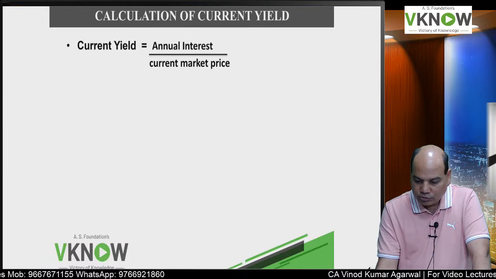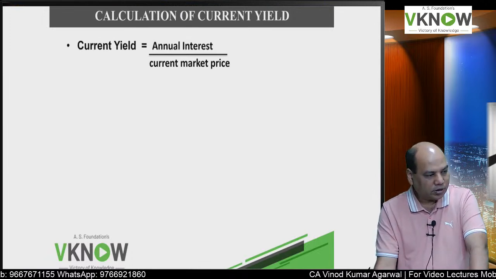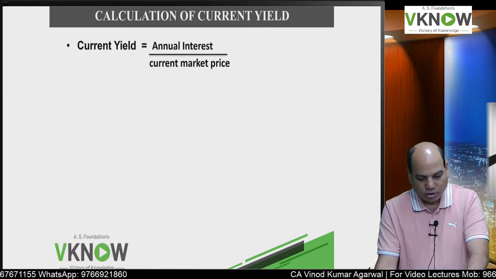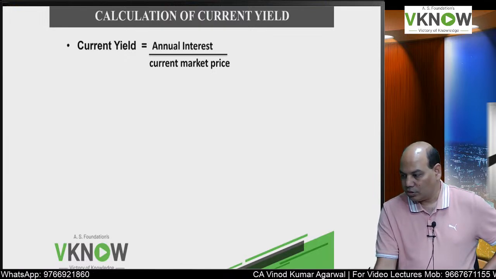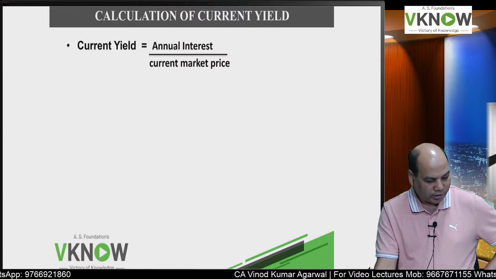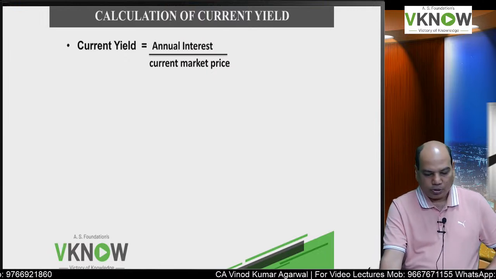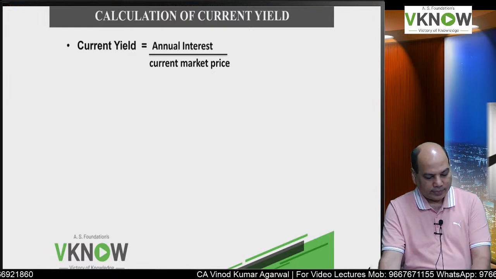So the next question is, what is current yield? Write down current yield. Current yield is equal to annual interest upon current market price.